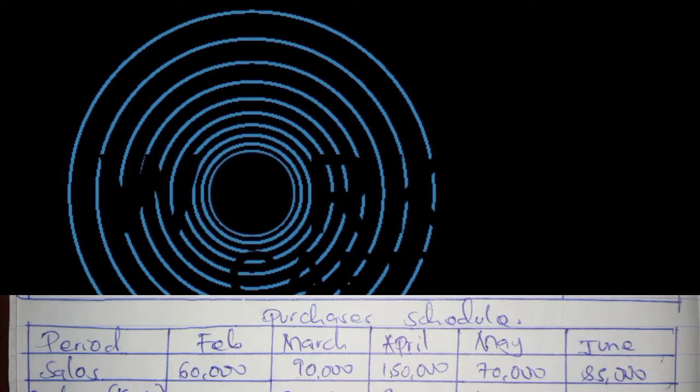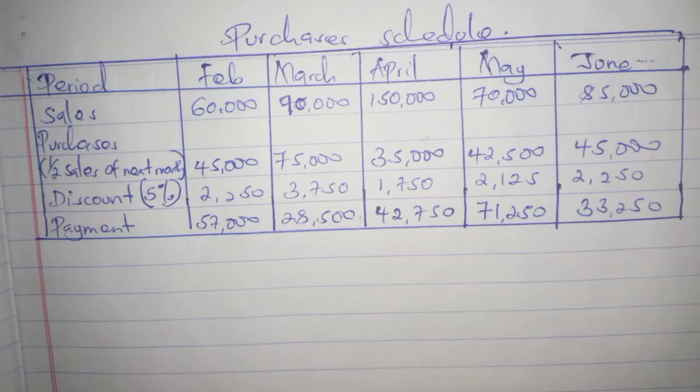We shall have period from Feb to June. Then we shall record total sales for all the months. Then they said purchases made in each month equals to a half of the sales for the next month. Therefore, the purchases that are made in Feb equal to a half of the sales of March.